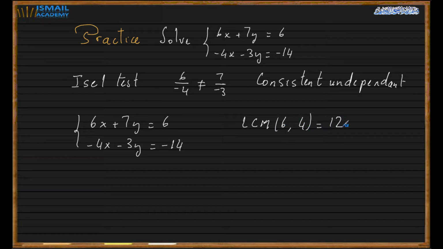It's 12. 2 times 6 is 12, and 3 times 4 is 12, which means I'm going to multiply the first equation by 2, and the second equation by 3.